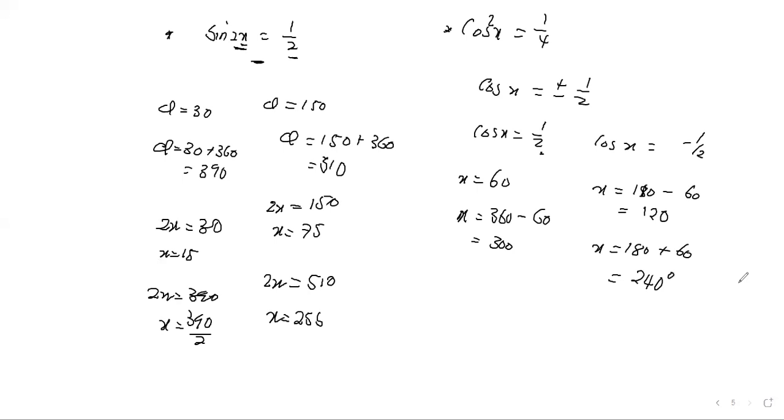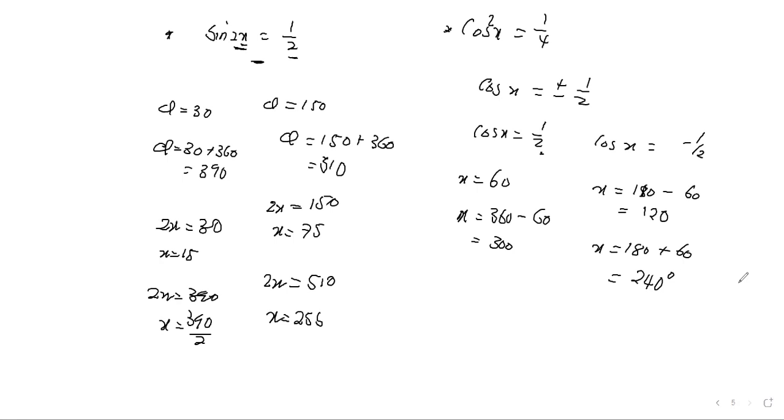So you always watch out when you're in the third quadrant. Because in the third quadrant, there are times when you subtract and times when you add. If the angle you have found is a 60 from the first quadrant, and you need an angle that belongs to the third quadrant, you add the angle you have from the first to 180.